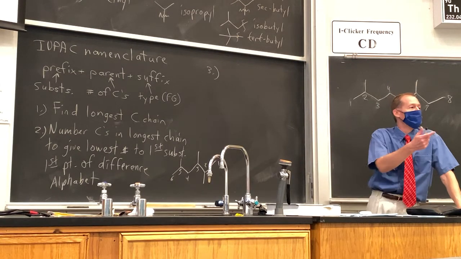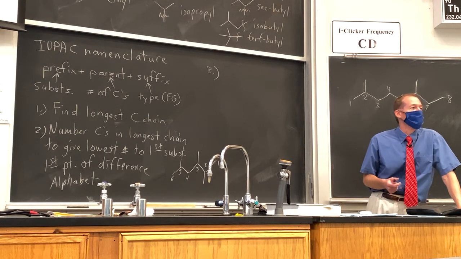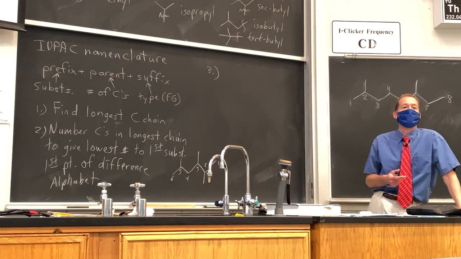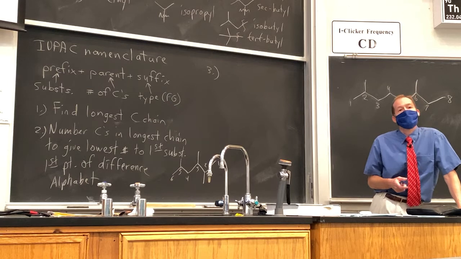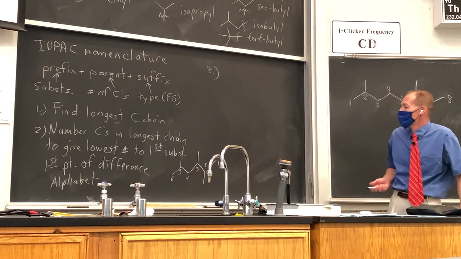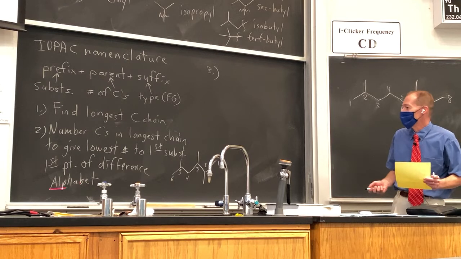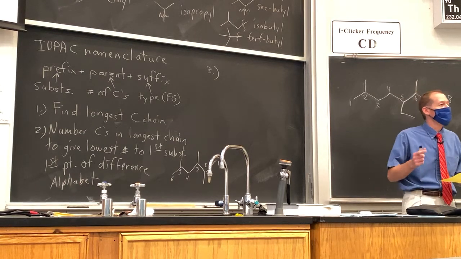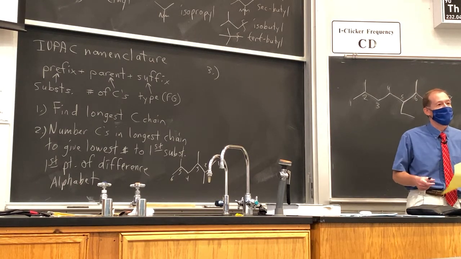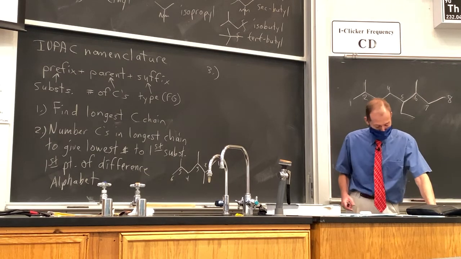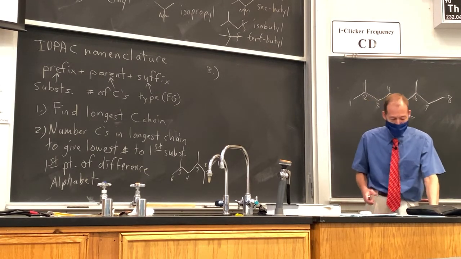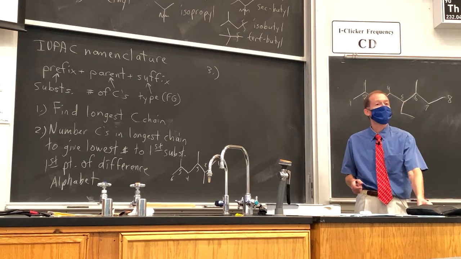So ethyl comes before methyl in the alphabet, for example. Okay? If there was a tie on that, it wouldn't matter. But anyway, okay? So these are the ways we decide which direction to number from. And this is the IUPAC alphabet, which is not the same as the regular alphabet you've learned, as I'll tell you in a moment. Okay. Any questions on numbering? Yes, please.